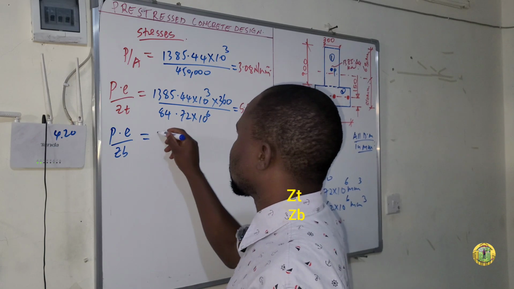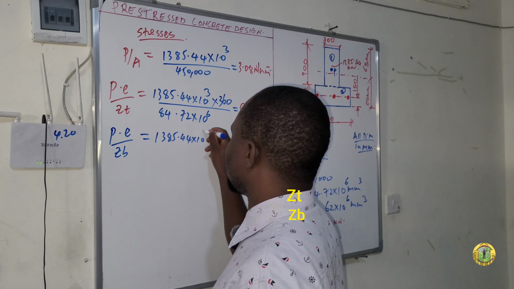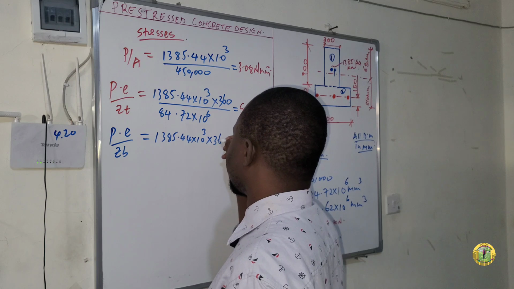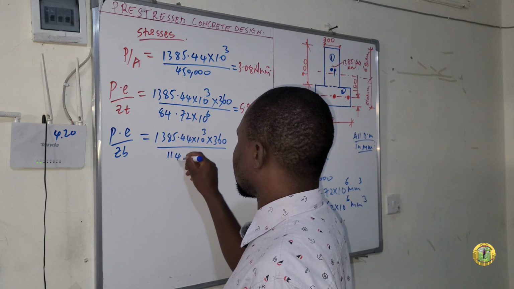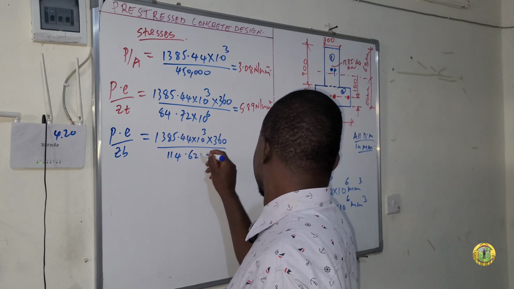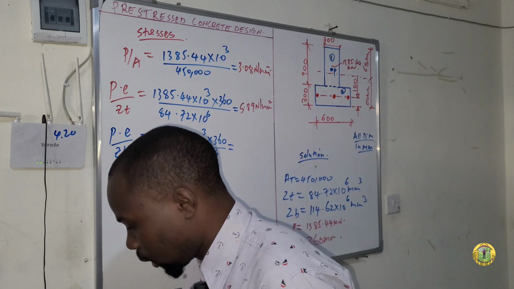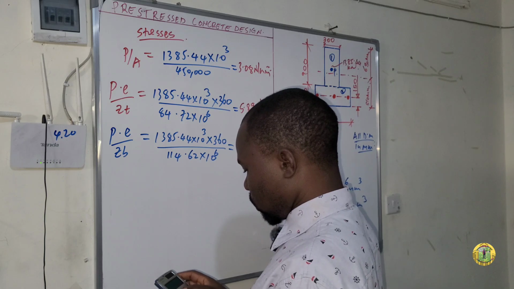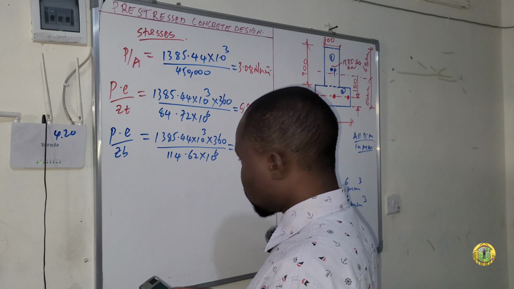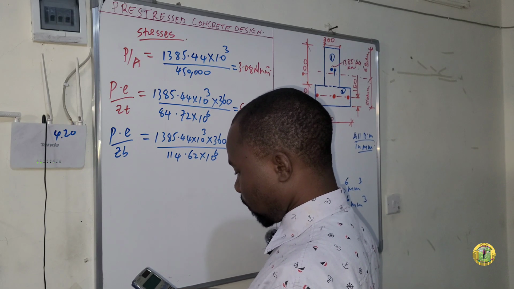So this one is equal to 1385.44 times 10 to the power of 3 times 360, which is E, all over Z bottom, which is 114.62 times 10 to the power of 6.